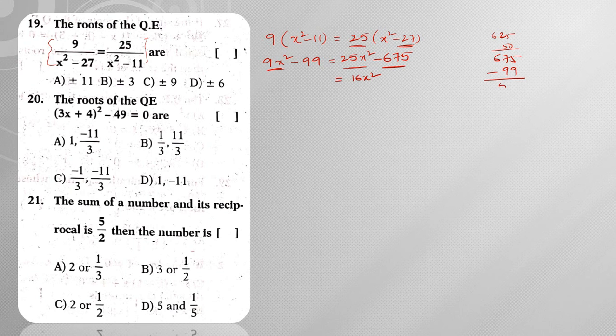Then I am going to get 576. So what is 576? 576 is nothing but 24 into 24, so 576 is 24 square, which is equal to 16 into x square.